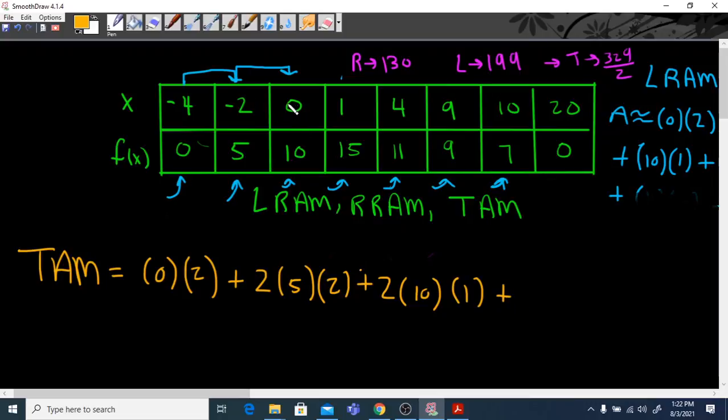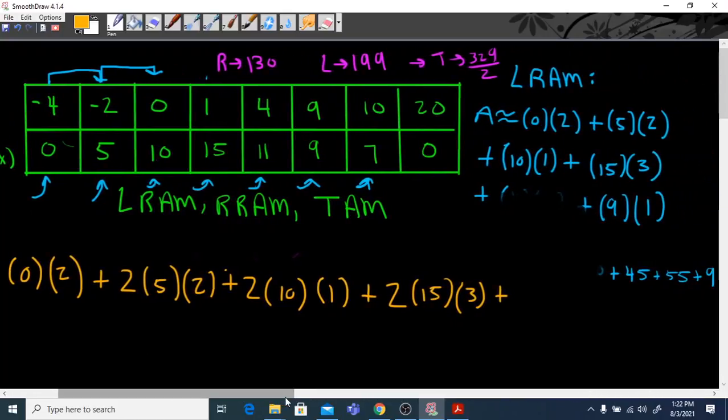Plus, it's a middle term, so it's going to get a 2. Y value is going to be 15. And then the width is going to be from 1 to 4, 3. Plus, middle term gets a 2. Y value is 11. And then 4 to 9, width is going to be 5.